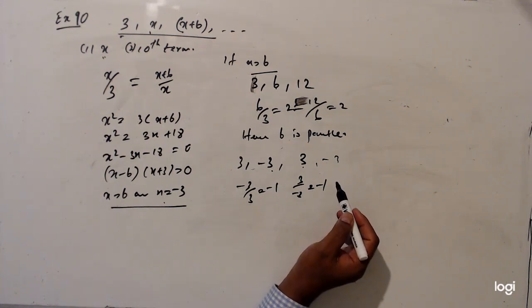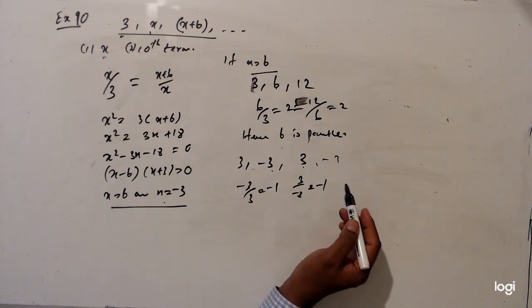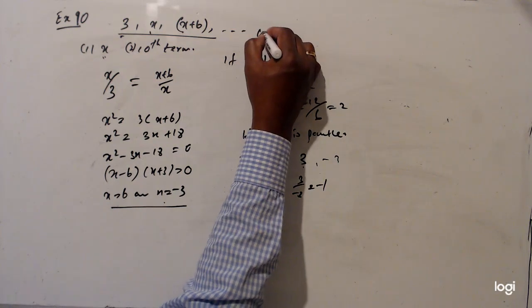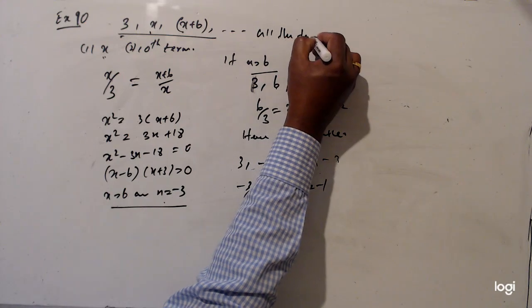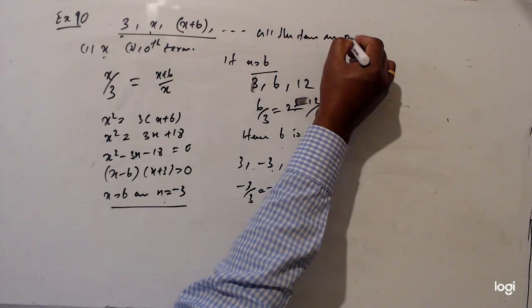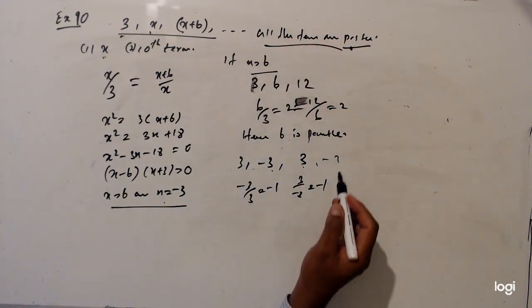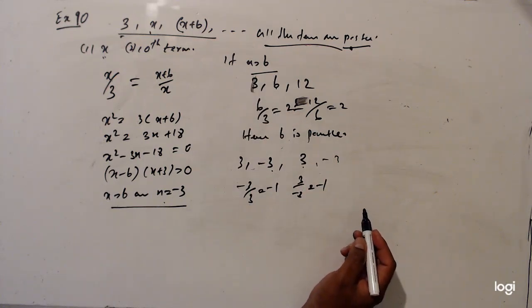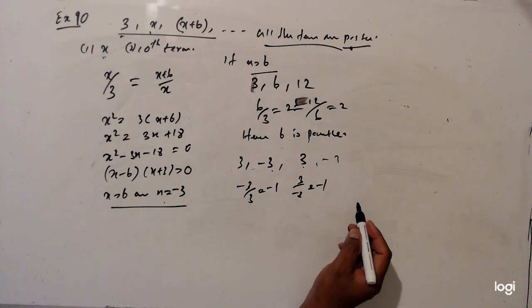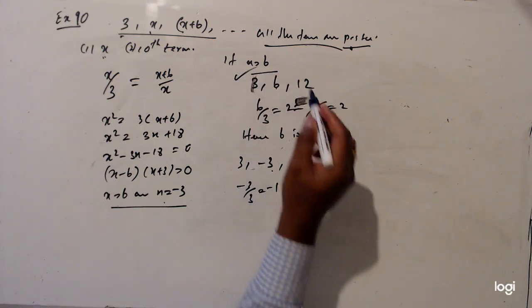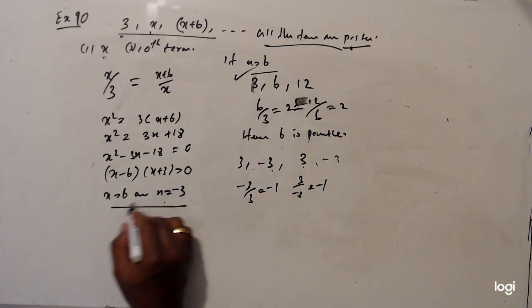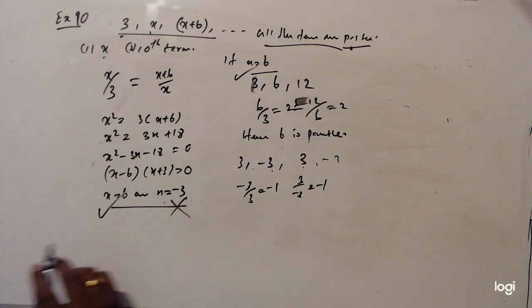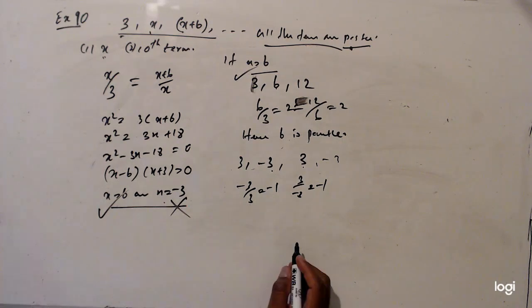In the question, it is given that all the terms are positive. So hence we have to stay with x equals 6 as the answer, and we have to reject x equal minus 3.